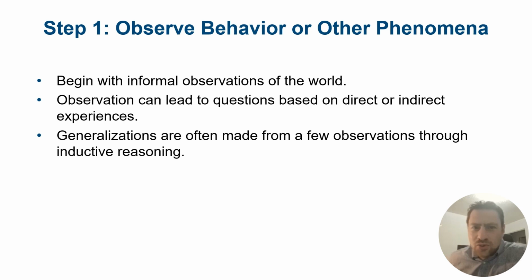All right, so we're going to talk about these in more detail, beginning with step 1, which simply involves making observations. Observations of behavior, if you're in psychology, or some other phenomenon, if you're in some other field. And especially in psychology, this is going to be one of the least formal and least structured of the 5 steps.